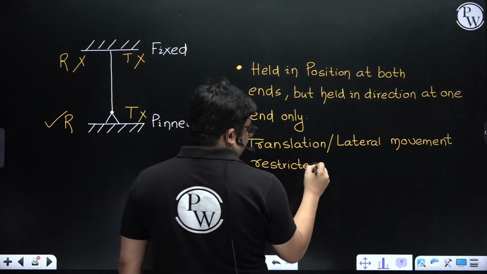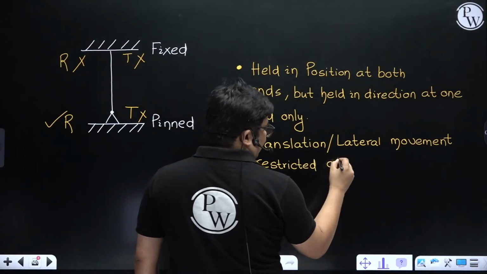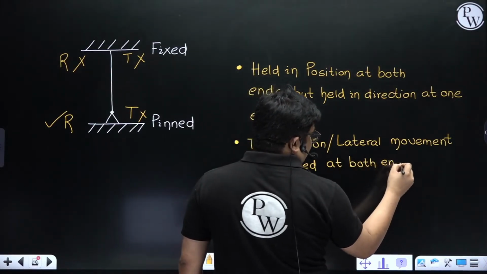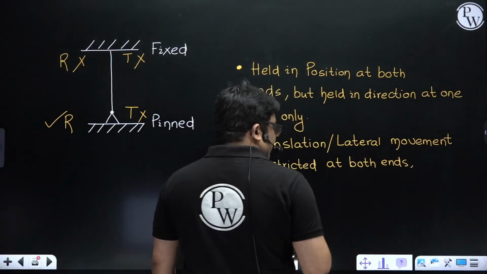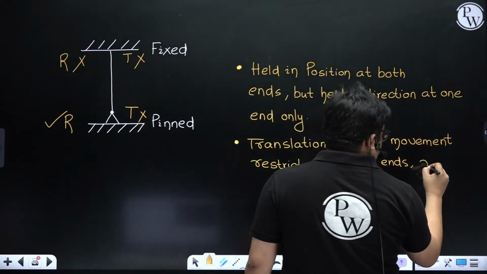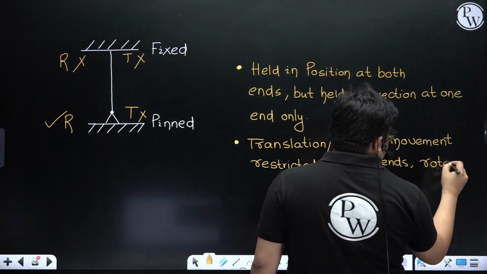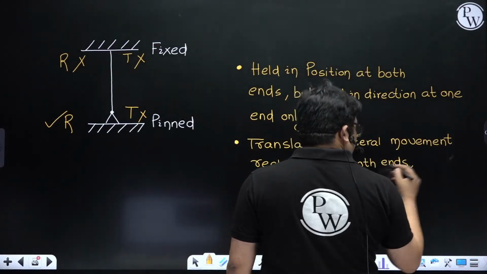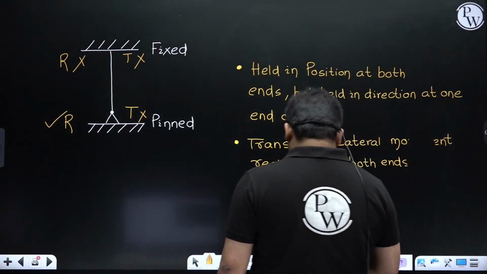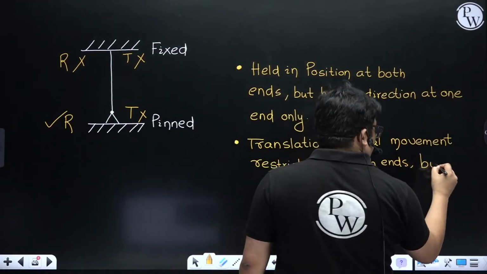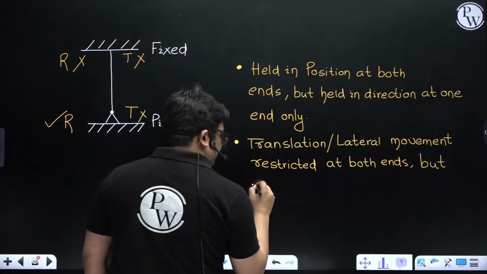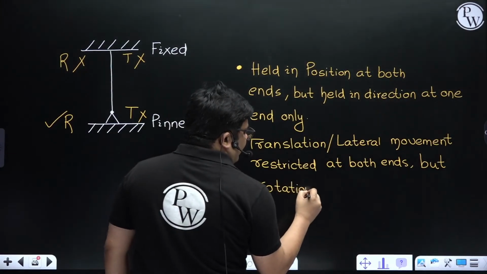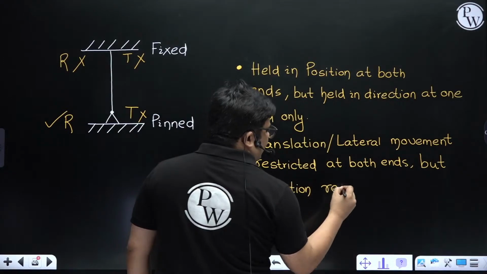I'm not writing everything. So restricted at both ends. You can see that translation is restricted at both ends, but rotation is restricted at one end only. We can use restricted, or restrained, or not allowed.